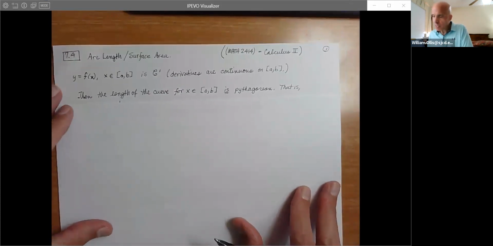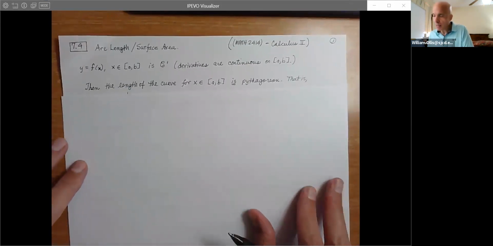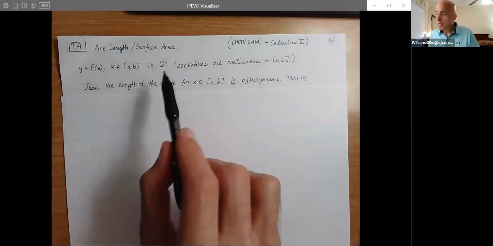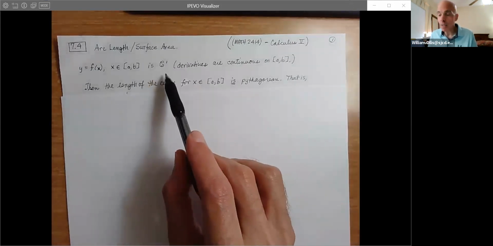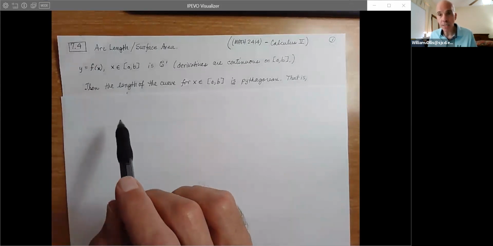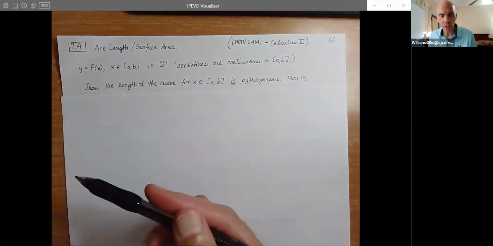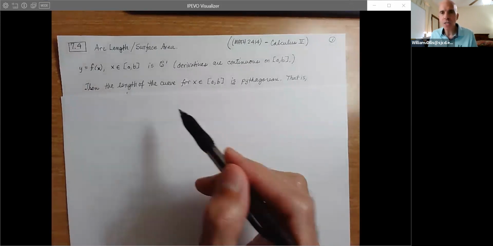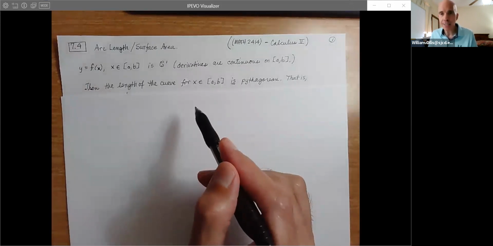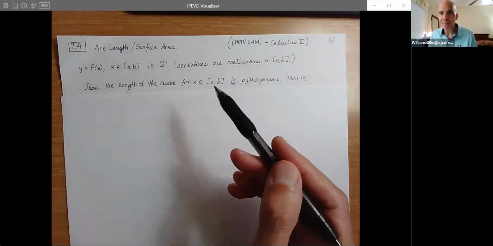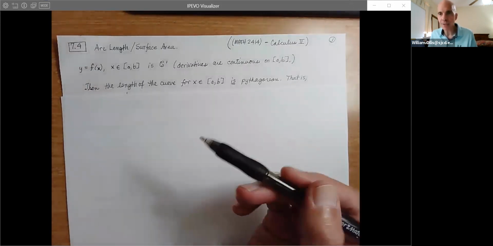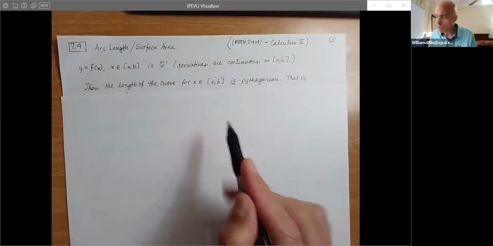When we say C1, we mean that the actual derivative of f is also continuous. We need a nice function. So C, lots of times you deal with functions that are C infinity. That is, they have continuous derivatives of all orders, like polynomials and nice exponential functions.